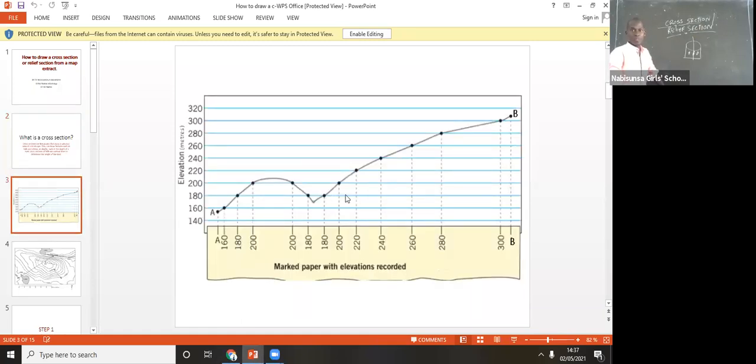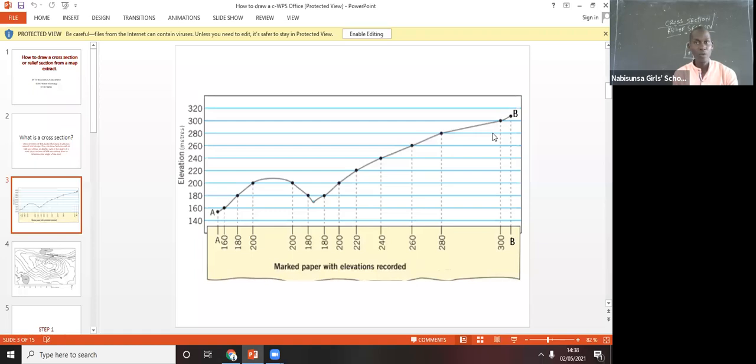Are you seeing that diagram? In this view, I can know whether I'm on the hill, in the valley, or where. That's what we mean by a cross-section. Any question before we proceed? That's a good example of a cross-section.